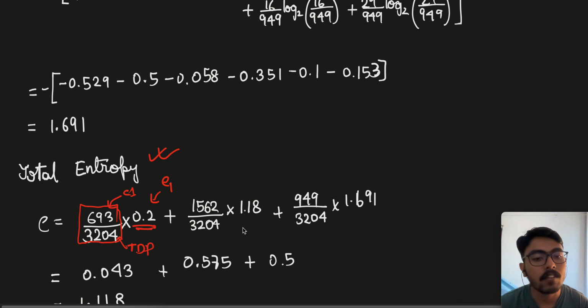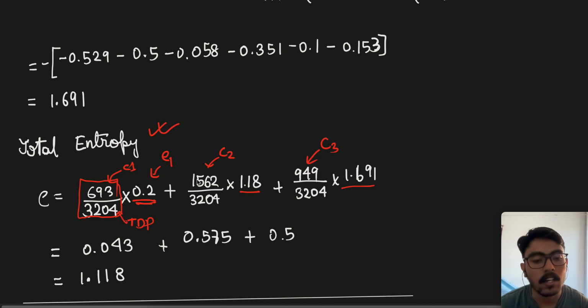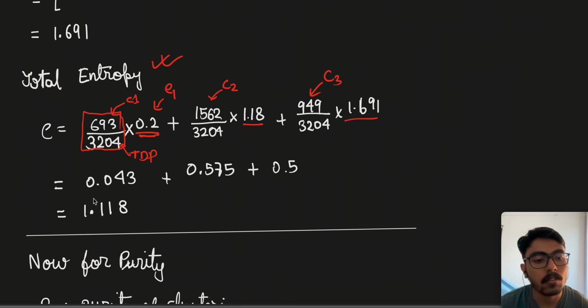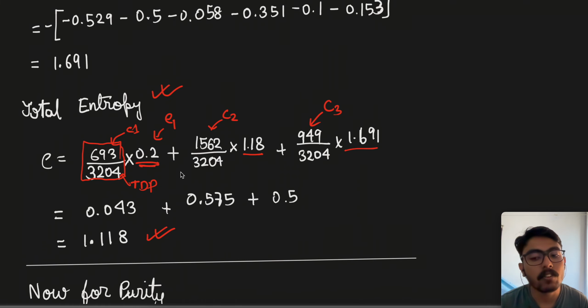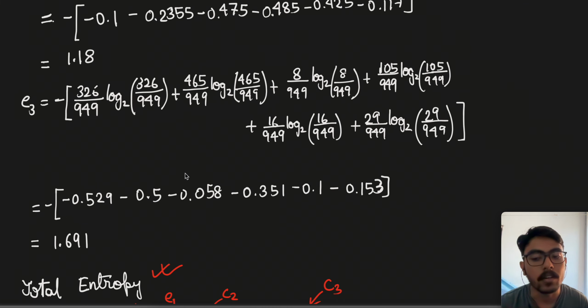Similarly we do it for all: the number of data points in cluster 2, the number in cluster 3, and these are the respective entropies. We calculate, and this comes out to be the total entropy of the confusion matrix.